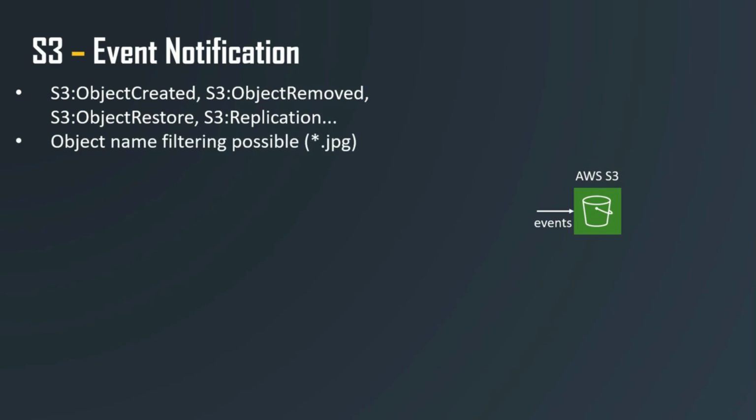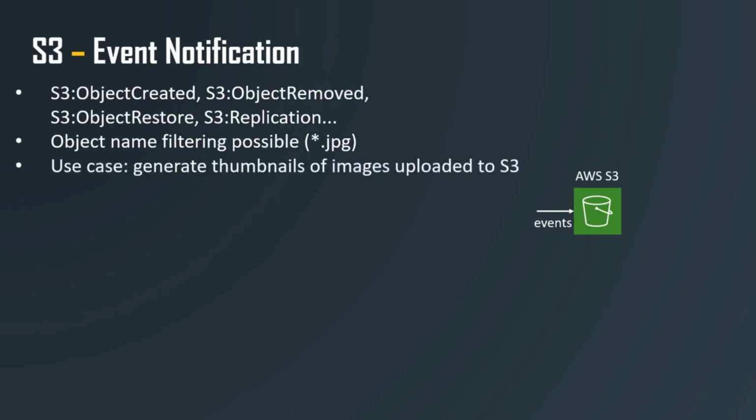For example, you want to react only to the JPEG file, so start.jpg, and so you can create event notification rules, and these rules allow you to trigger some sort of invocation inside of your AWS account. A very classic use case is to generate thumbnails of images uploaded to Amazon S3.